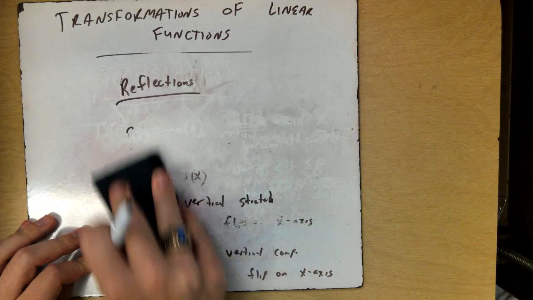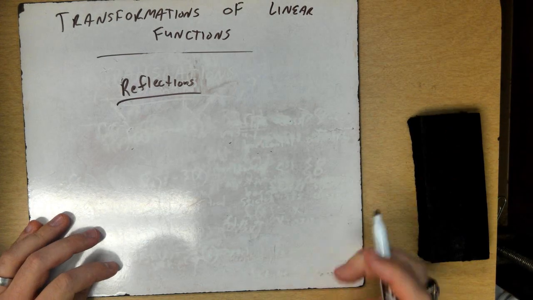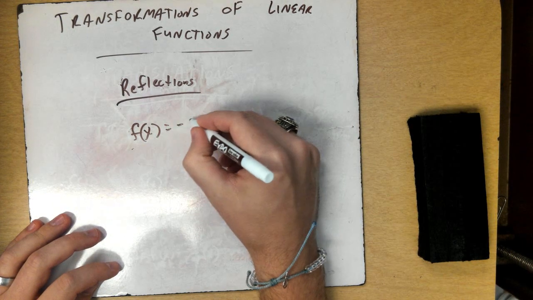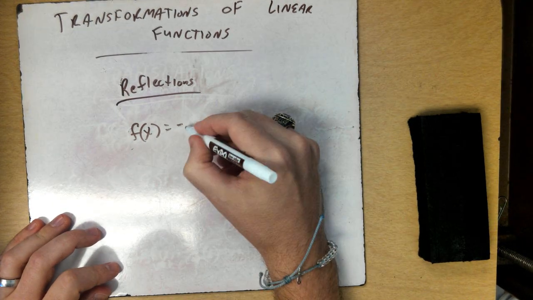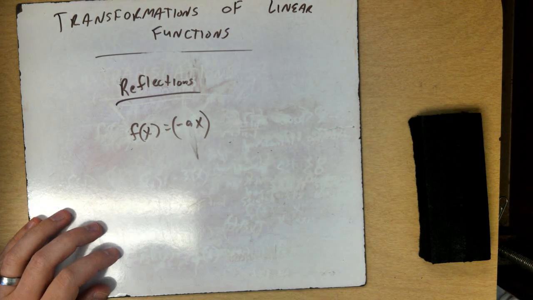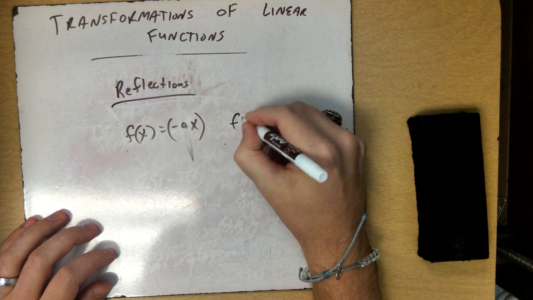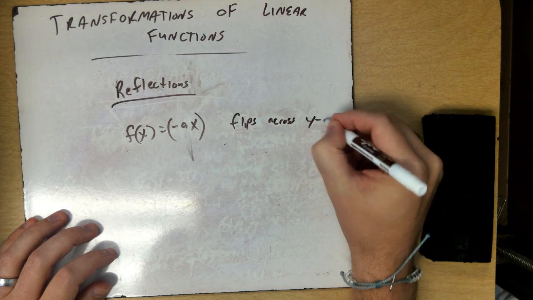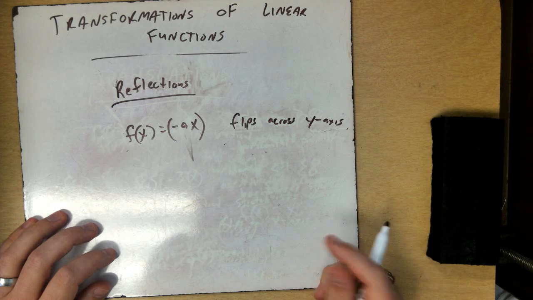Now last one, if everything is in parentheses with the negative in front, right? Now this flips across the y axis, okay?